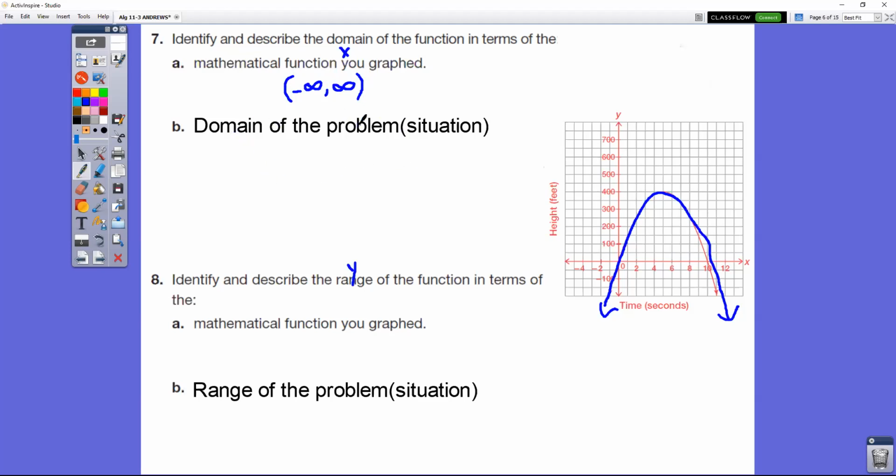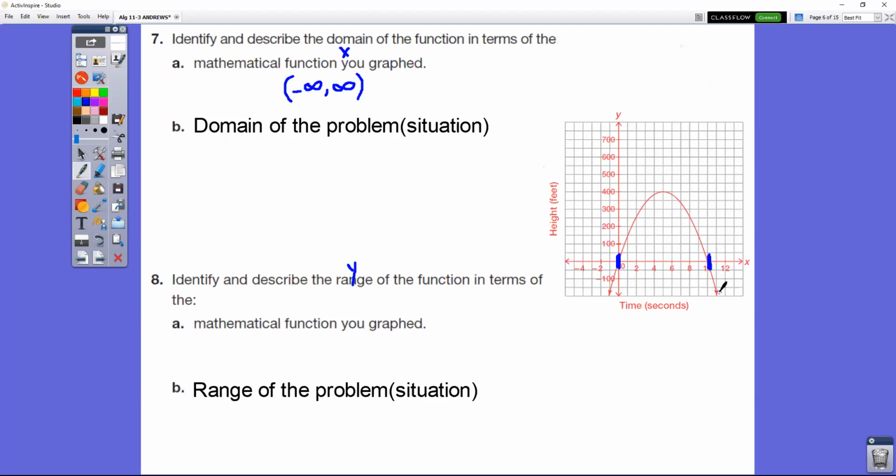Now, the domain of the problem situation. The domain of the problem situation is the word problem. That's what they mean by that. So in the word problem, can we have negative seconds? No. So that means we're starting right here on our X, and ending right here on our X at 10, because our rocket is not going to go underground.